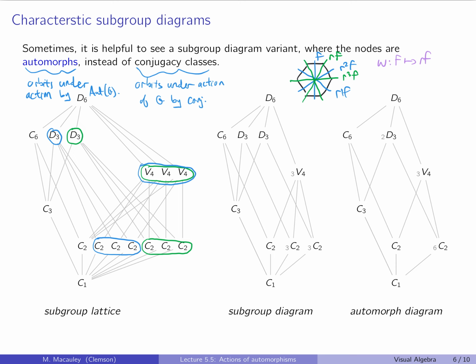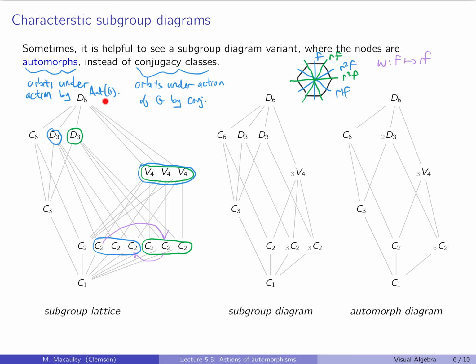And when you do that, that is going to send one of these subgroups to one of the other subgroups, and so on. I don't really know the order of these things. So this is an outer automorphism.